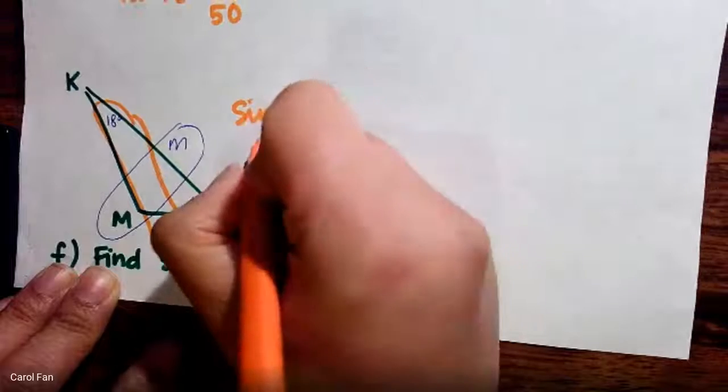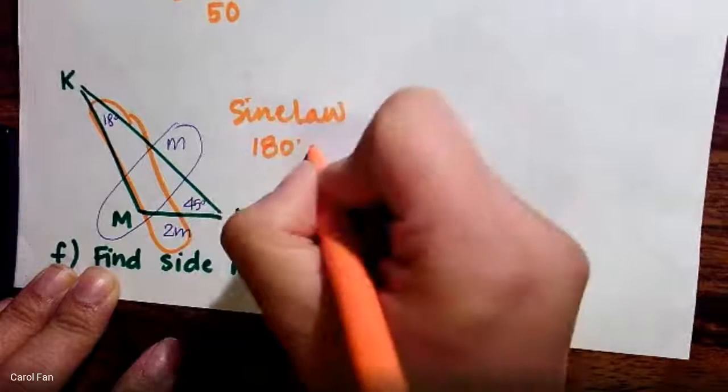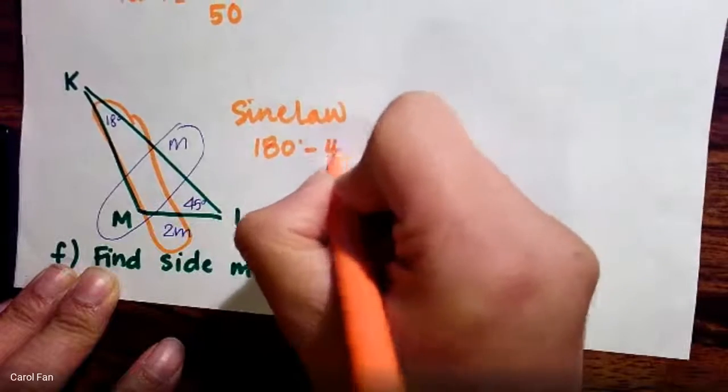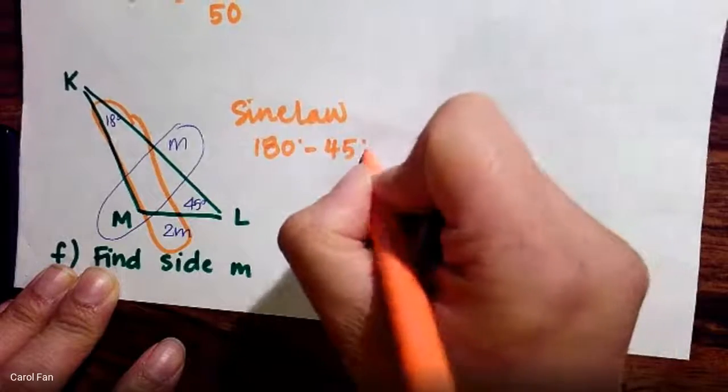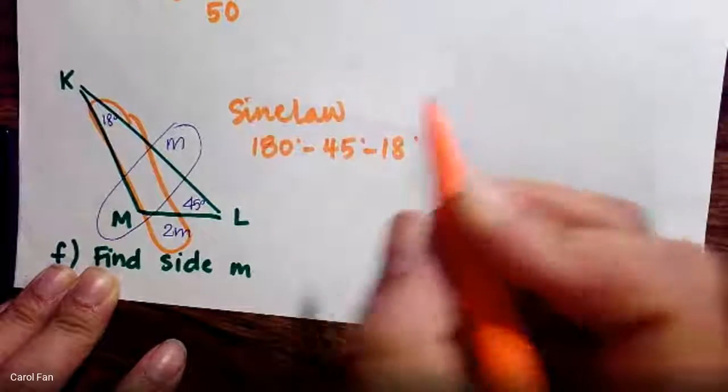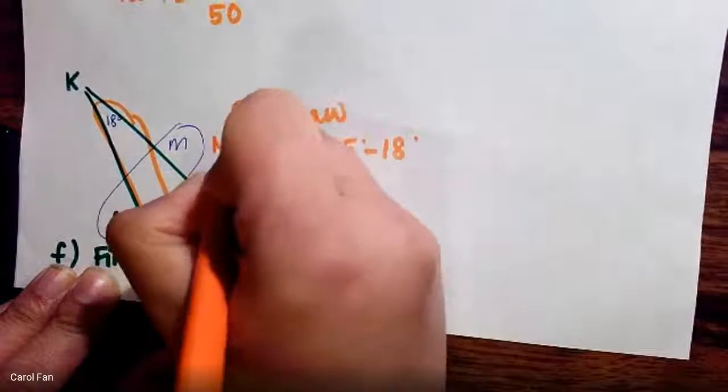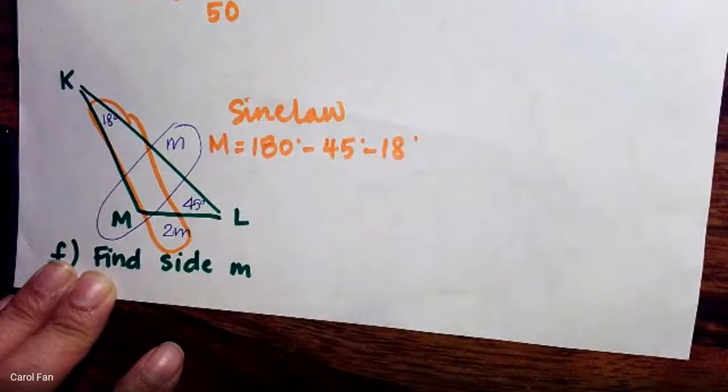However, I know that all triangles add up to 180 degrees. So if I took 180 minus 45 minus 18, I would get angle m.